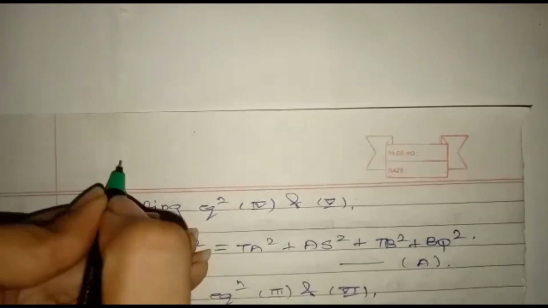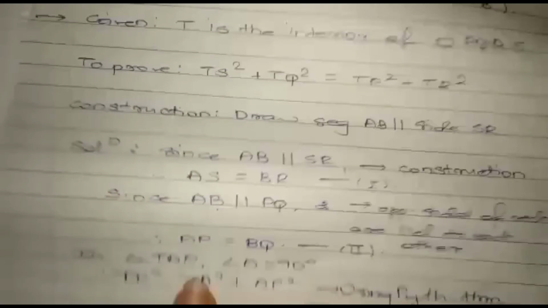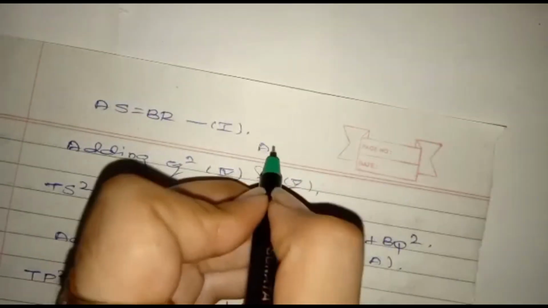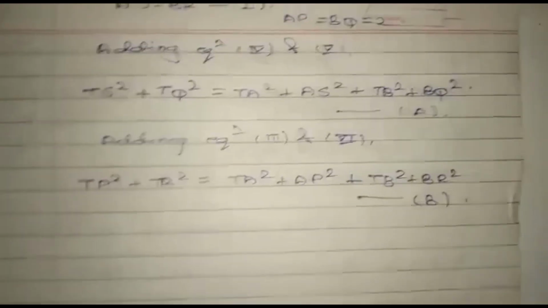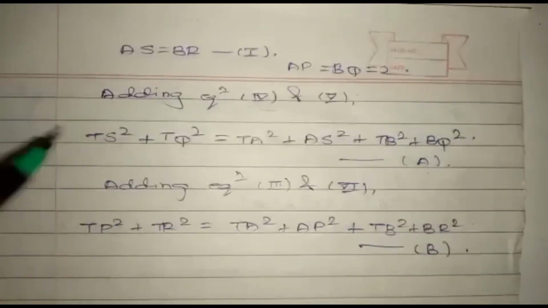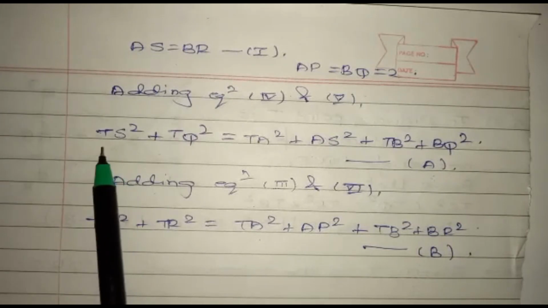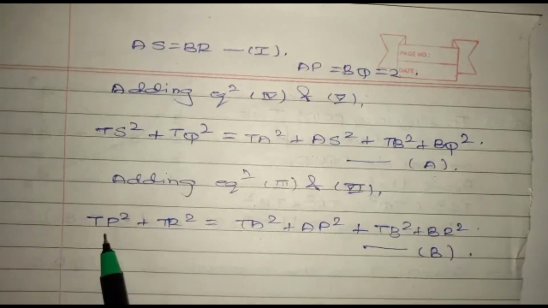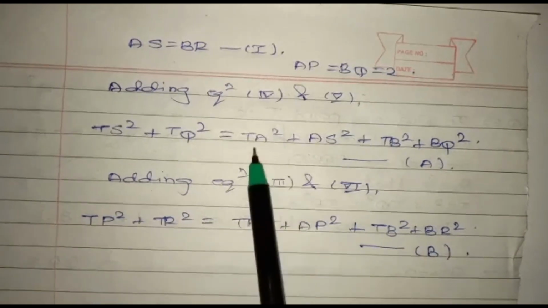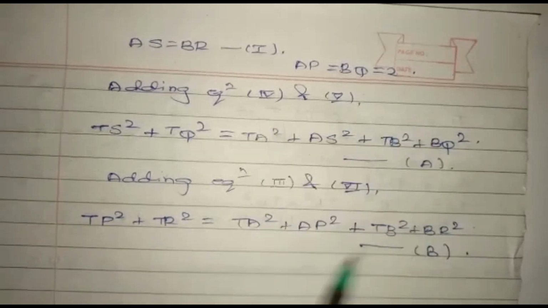Equation 1 is AS is equal to BR, and AP is equal to BQ is 2. Now we have everything on one page. Now we have to prove that these two right hand sides should be equal.